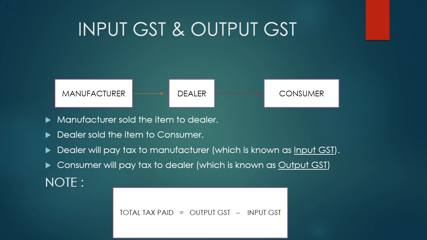The consumer has purchased the article from the dealer, so the consumer will pay the tax to the dealer, which is known as output GST. The total tax paid will be calculated by the difference of output GST and input GST.